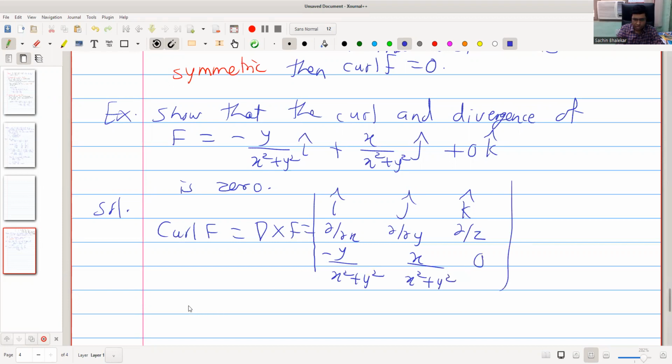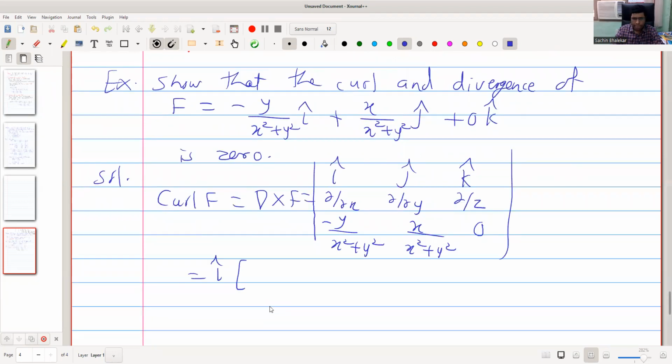So this determinant becomes i hat into the partial derivative of this function with respect to x. We need to use the product rule or quotient rule here.